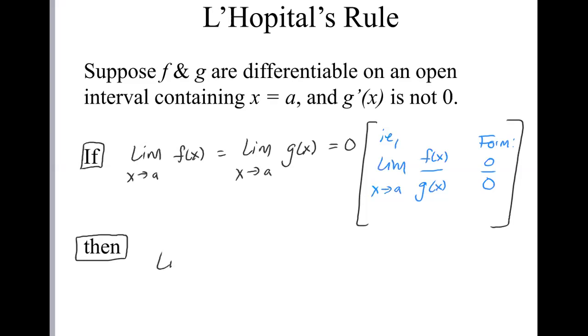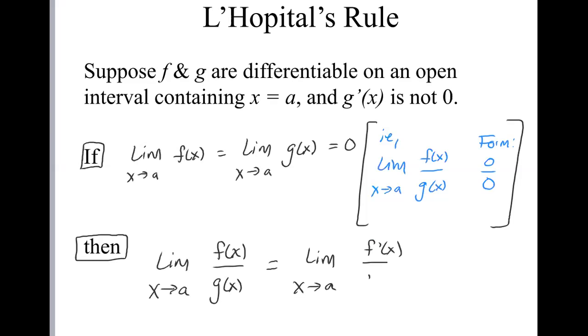If that occurs, then I have the following rule to evaluate that limit. The limit as x approaches a of that ratio, f of x over g of x, happens to be the same as the limit as x approaches a of the derivative of the top function, f prime of x, over the derivative of the bottom function, g prime of x.